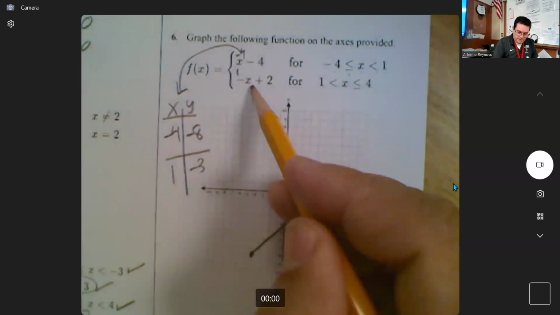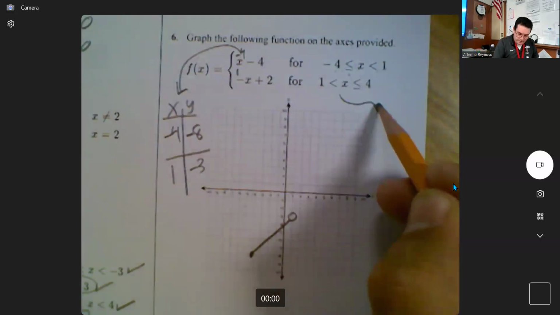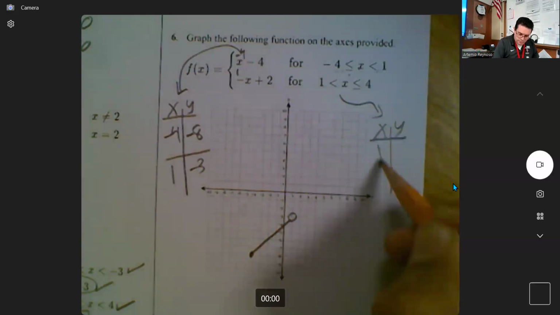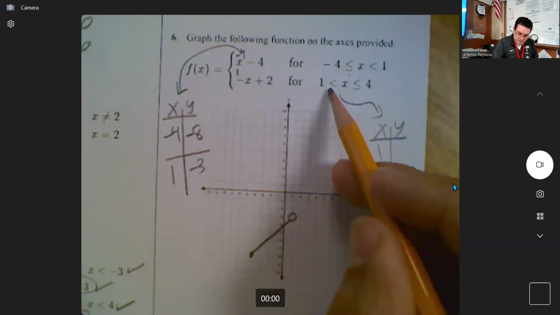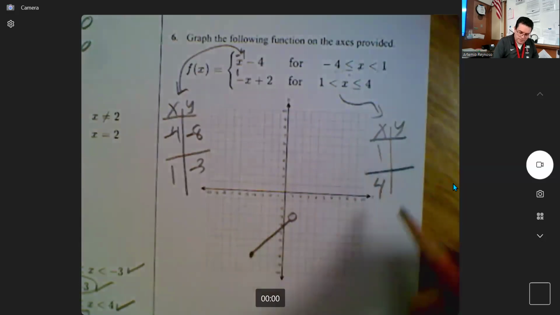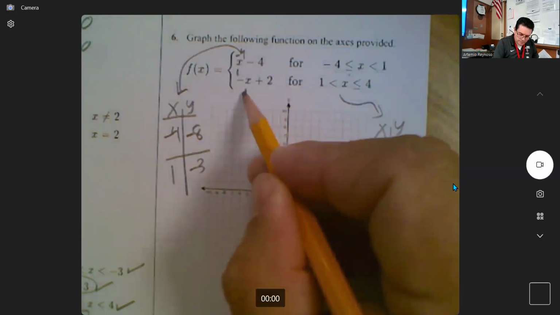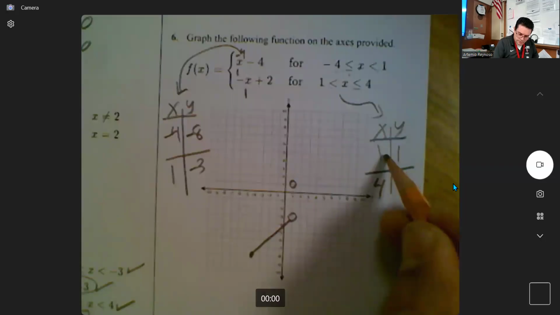How about the other line here? -x plus 2. Now the hint, the domain is here. We just need 2 points. I will use 1 and 4. 1 is excluded. That's okay if you get to exclude it. We just follow what they are asking us. And the 4 is included. So I will plug in 1 here, substitute, 2 minus 1, 1. So the point is 1, 1.